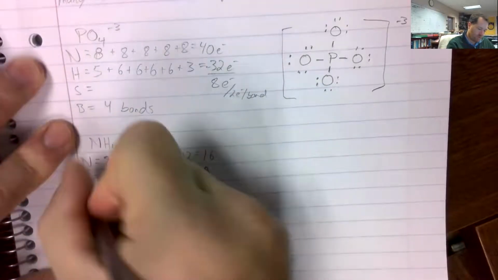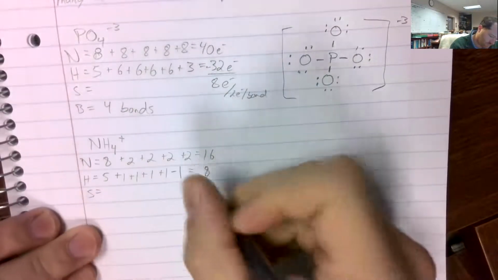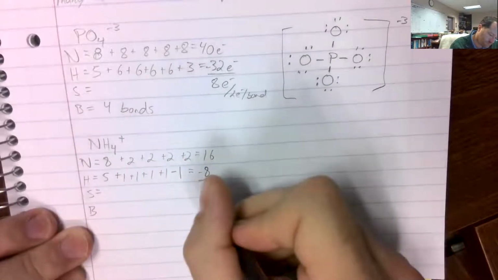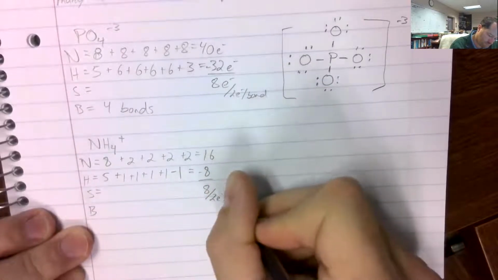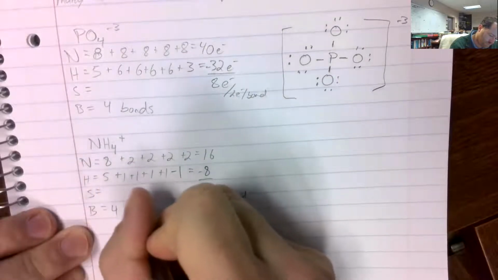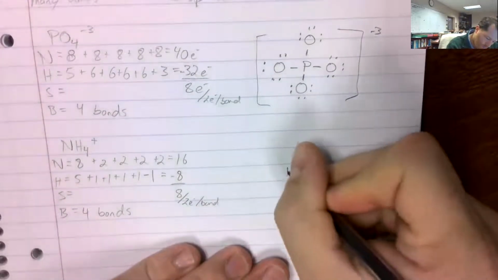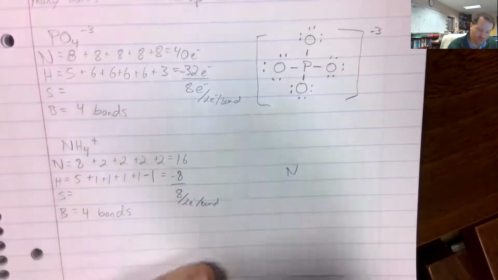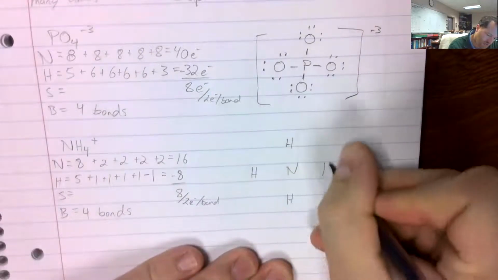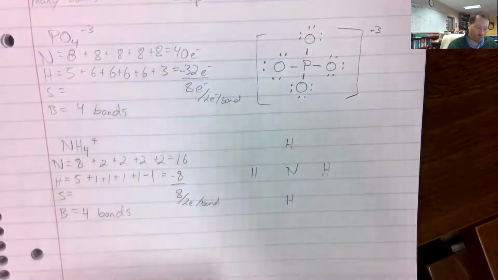Let's do share first. Take nitrogen, put it in the middle. Hydrogen can't be in the middle. Add our 4 hydrogens around the outside. And again, it's always nice when you've got four atoms around the outside and 4 bonds.